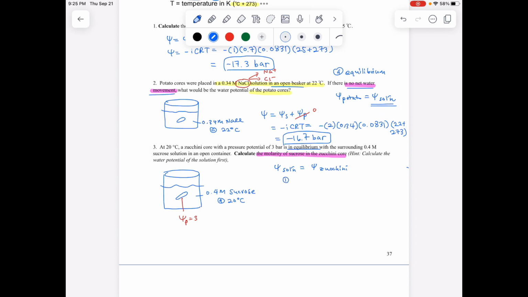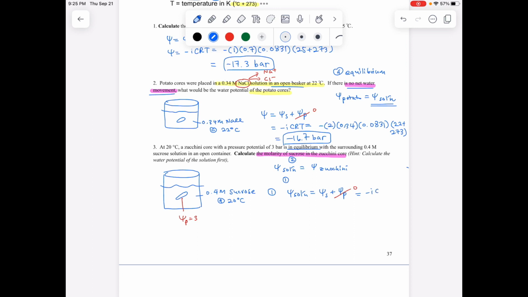That's step number one. Then we're going to use that to backtrack and find the molarity of sucrose. So let's do step number one first. Again, the water potential of the solution on the outside will be solute potential plus the pressure potential. But since we're dealing with an open beaker, that becomes 0.